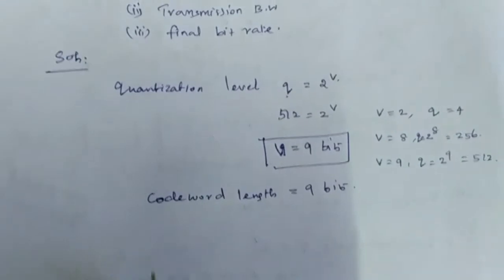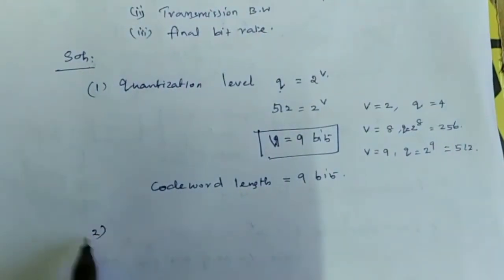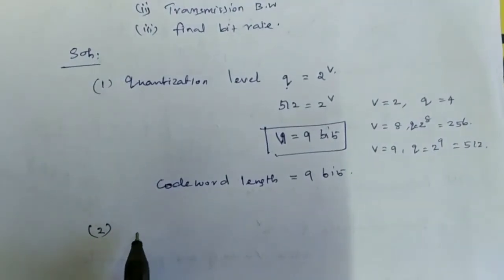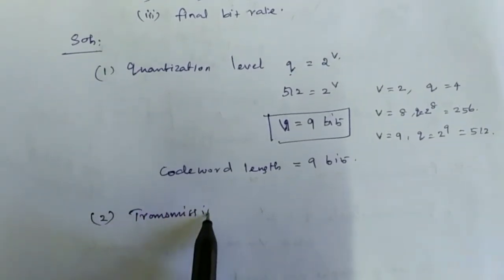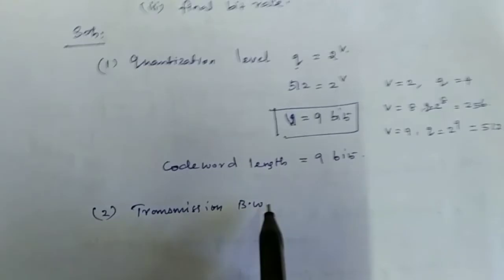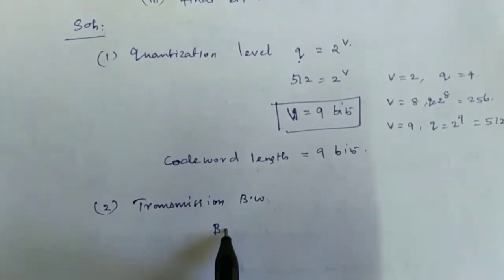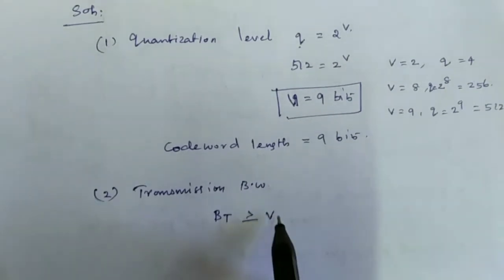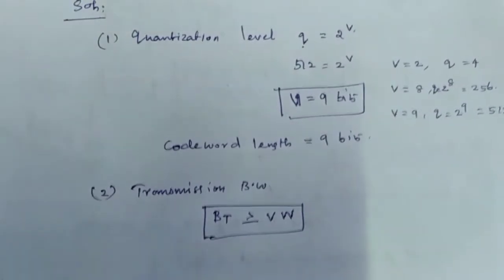The next problem is transmission bandwidth. Transmission bandwidth is related as bandwidth greater than or equal to V into W. We already discussed this in the previous lecture.